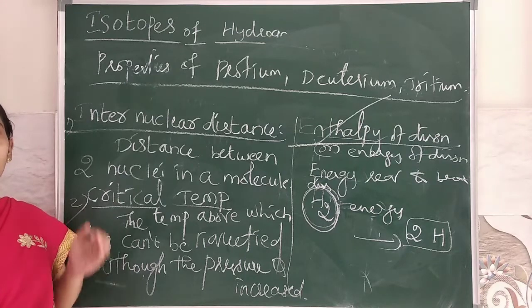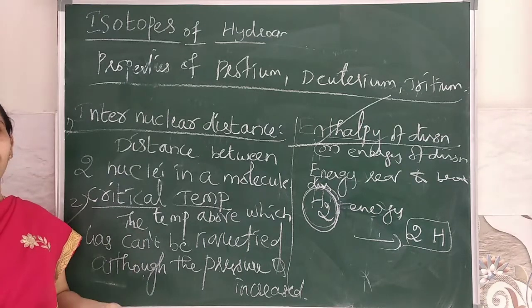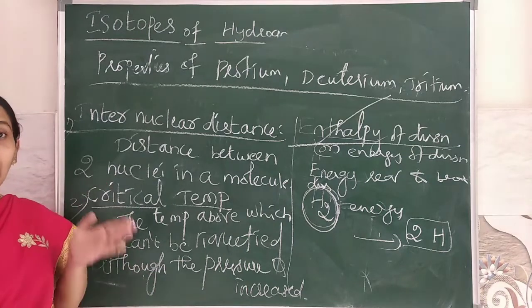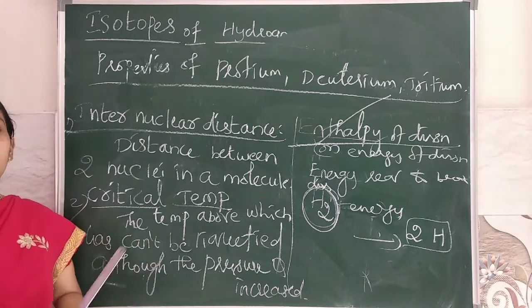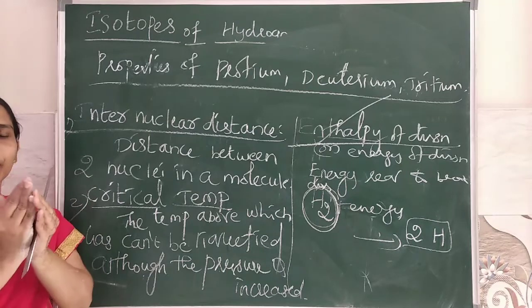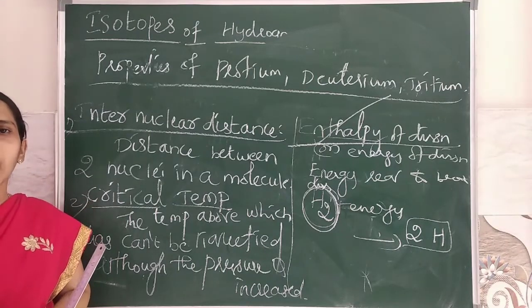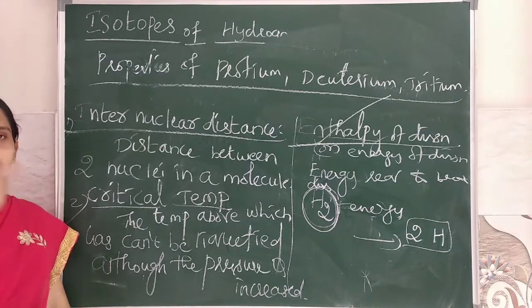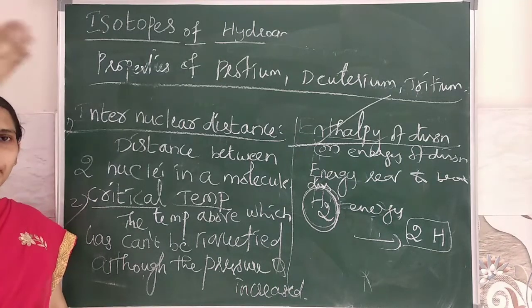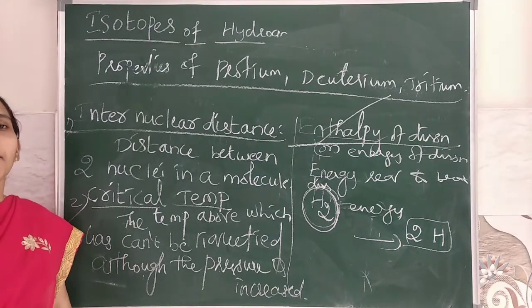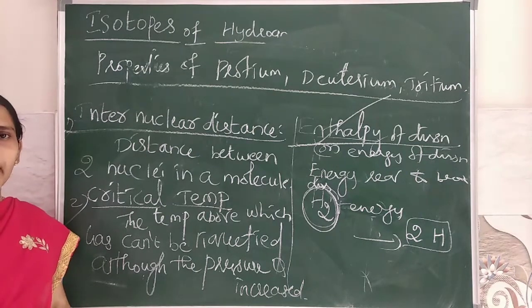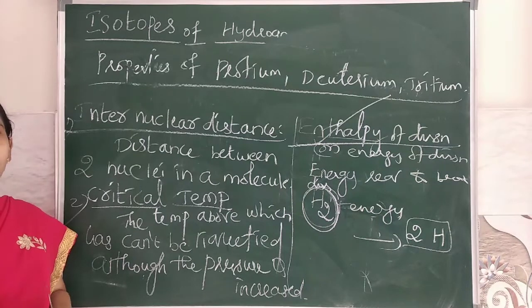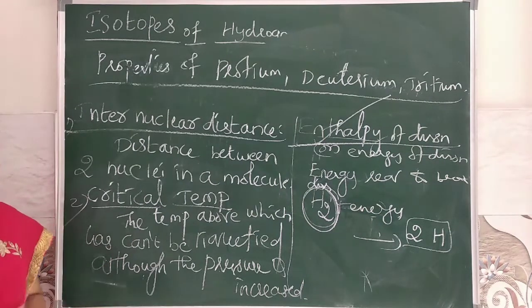Atomic number is the number of protons or number of electrons. Mass number is the number of protons plus the number of neutrons. These protons and neutrons in the nucleus are called nucleons. For any element, write the atomic number as subscript and the mass number as superscript. Mass number is also called atomic mass or atomic weight. Okay, next one.